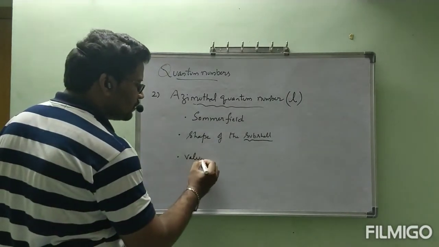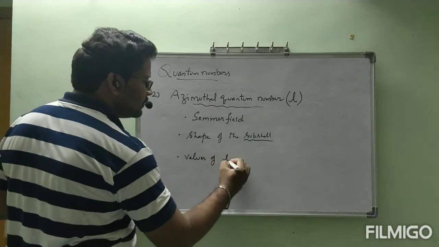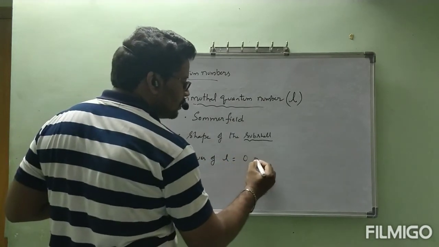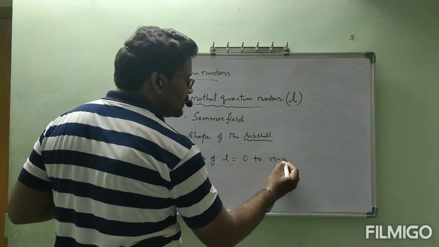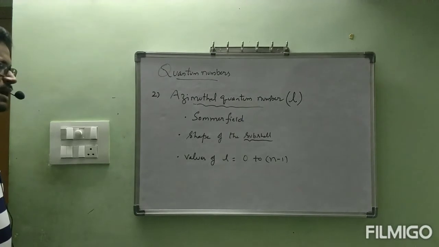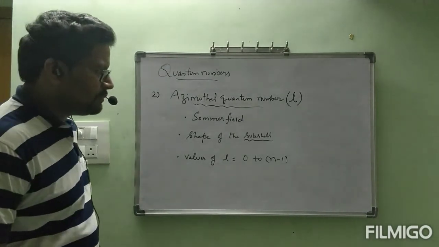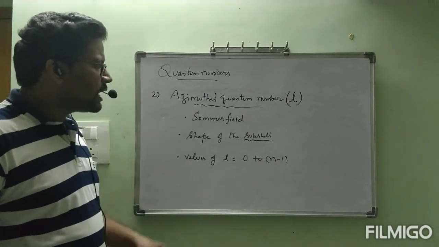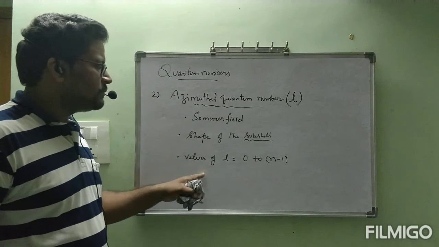Values of L. Its values range from 0 to n minus 1. What about the values of L? L values range from 0 to n minus 1. I will give clarity for everything, this point and this point.